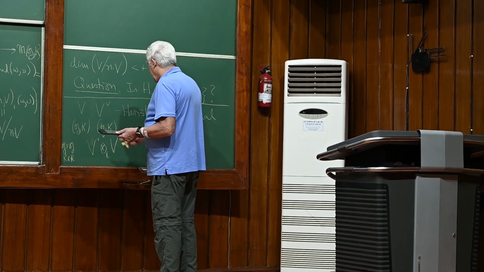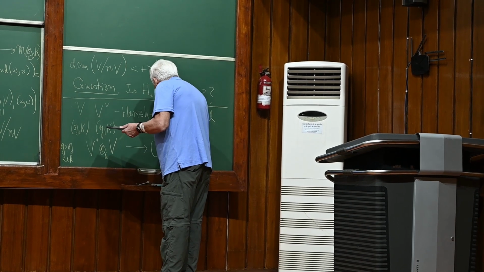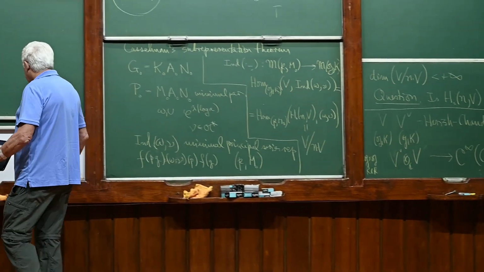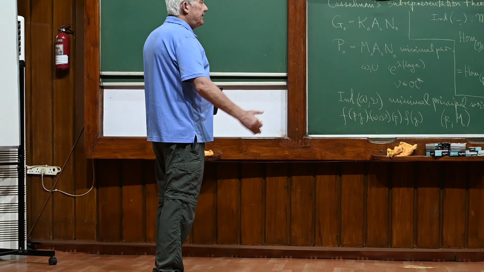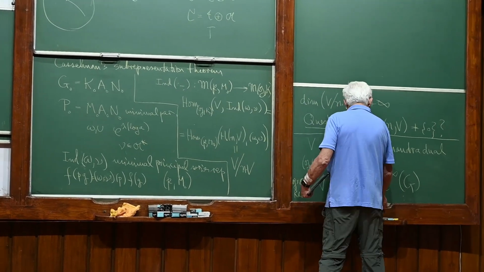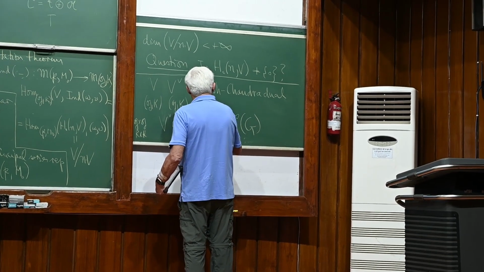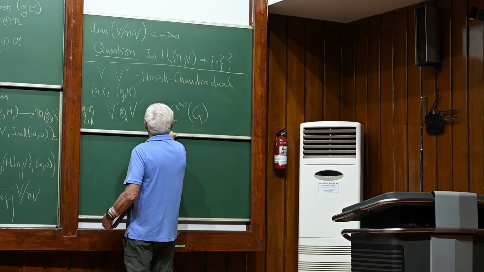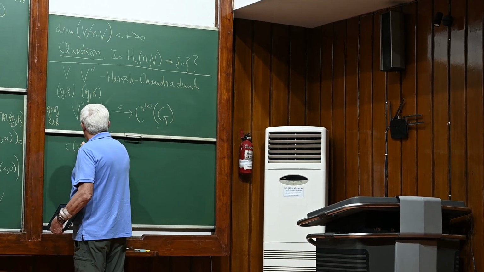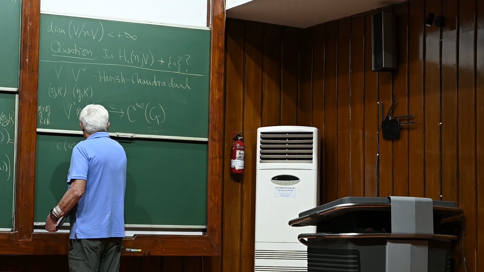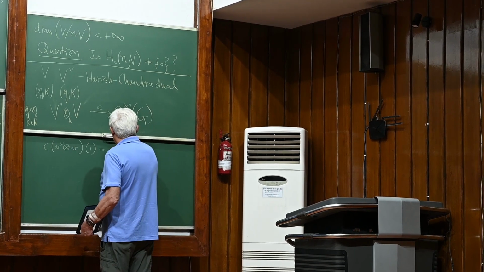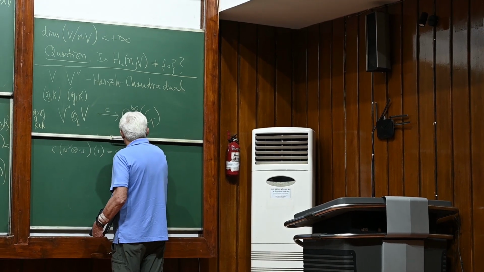Then I can look at C infinity of G, where I have a left and right regular action on C infinity of G, and I call this map a matrix coefficient map if it is equivariant with respect to this action, and C of B-check tensor B at the identity is B-twiddle evaluated on B.